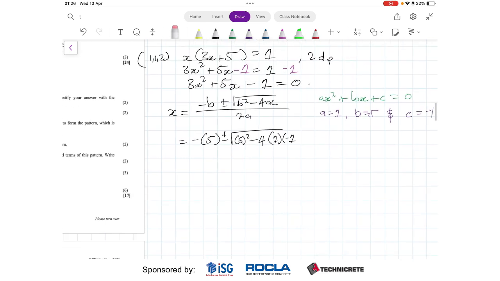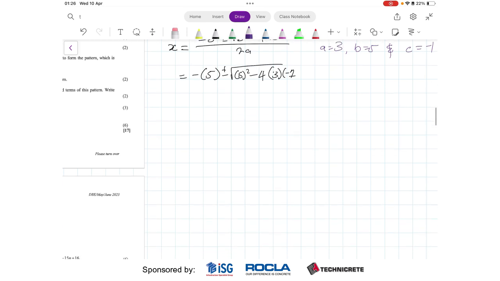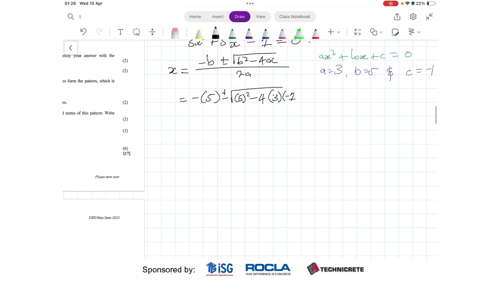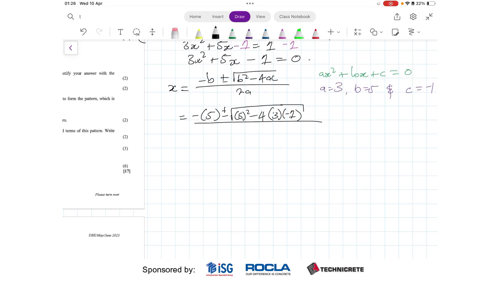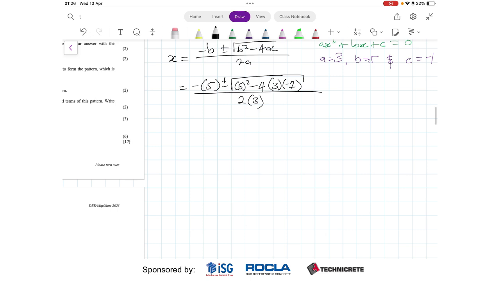Yes, and this should be a 3. This should be a 3 because our a in this case is equal to 3. I apologize for the mistake, but it's not a train smash, easily fixable mistake. Glad we caught that really quick. All over 2 multiplied by a, which is 3.